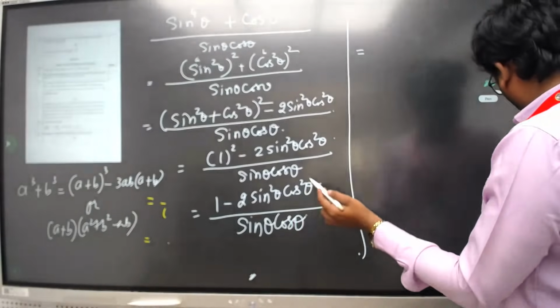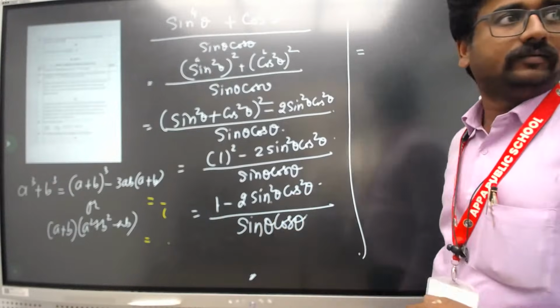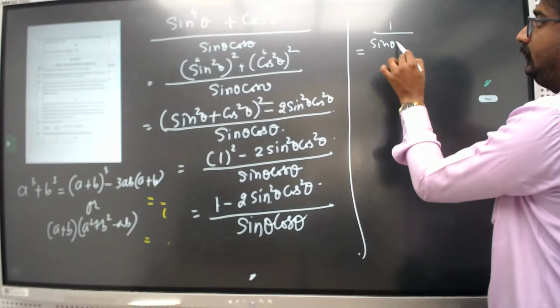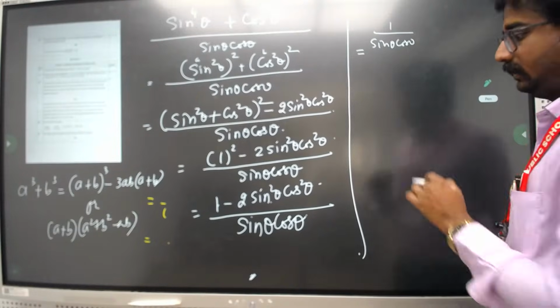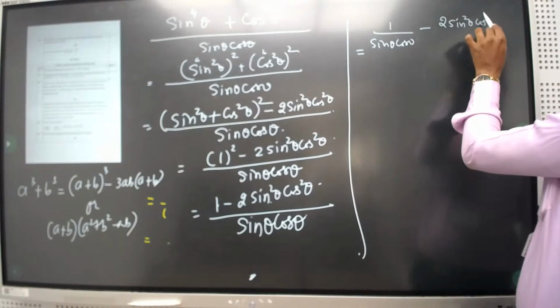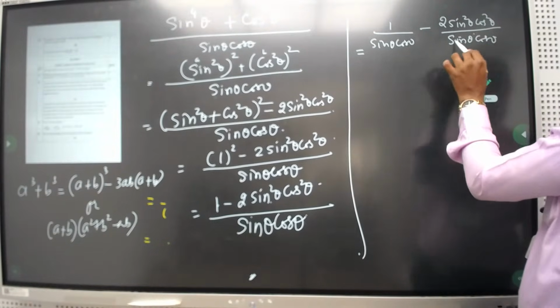Now sine into cos is the common LCM for both the terms. So I will write this as 1 by sine theta into cos theta minus 2 sine square theta cos square theta by sine theta into cos theta. I think this will cancel, no?